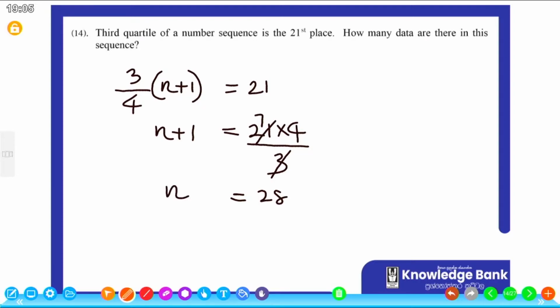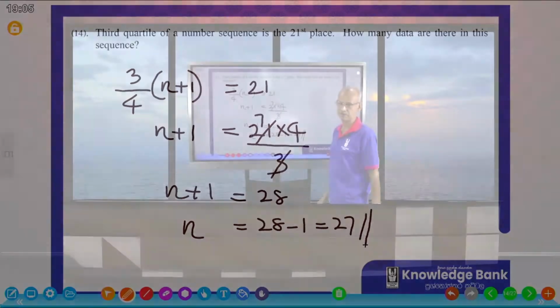That is n plus 1. n plus 1 is 28. Therefore, n is equal to 28 minus 1, which is 27. There are 27 data in this number sequence.